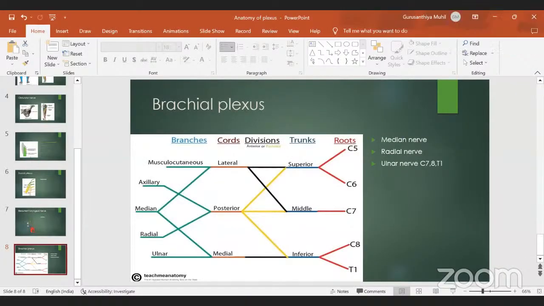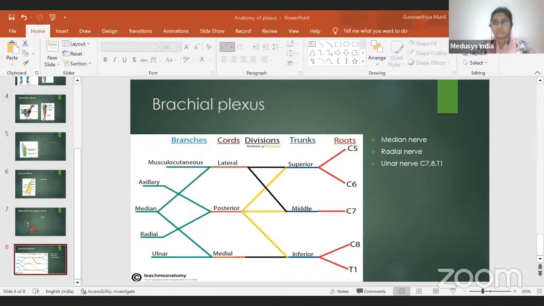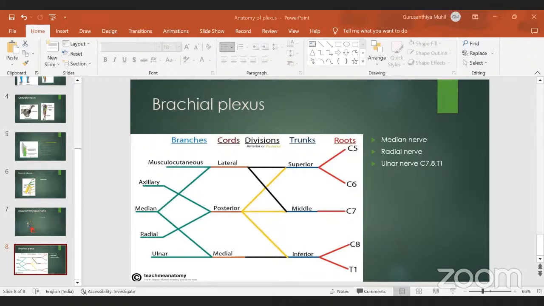Yeah, so median nerve is given off through the medial and lateral roots. It arises from the lateral and the medial cord. Then the median nerve continues to travel on the anterior aspect of the arm, then gives off the branches in the arm.